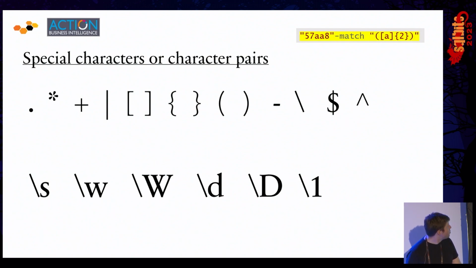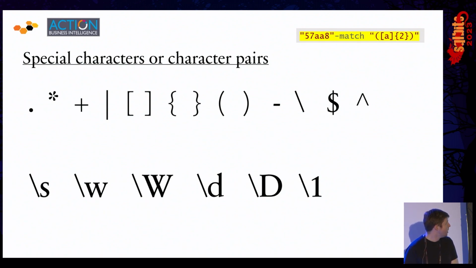Let's have a look. Right, the parentheses create a group. A group serves two purposes. Its main function is to give you that as a separate entity in your return statement when you're matching.